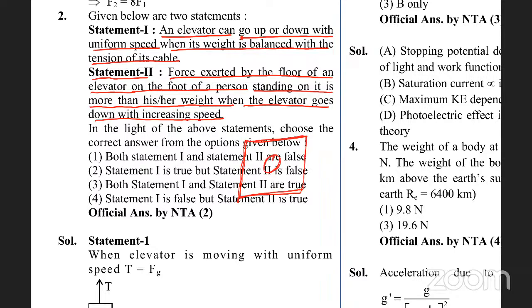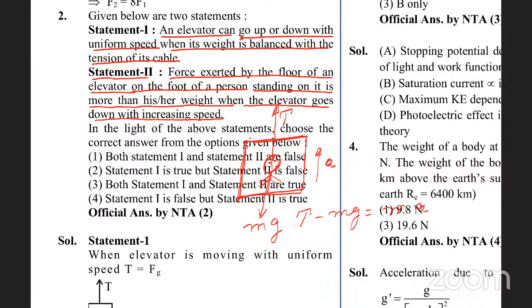Basically the diagram for this is an elevator with a man standing inside it. His weight acts down. The force which is acting up is T. If it is moving up with an acceleration a, then you can write T minus mg is equal to ma.